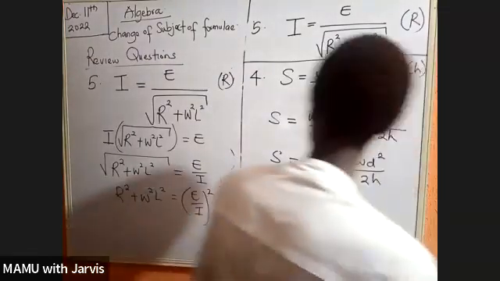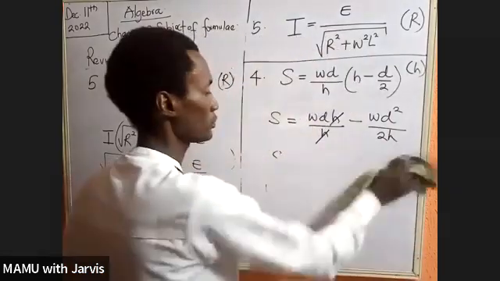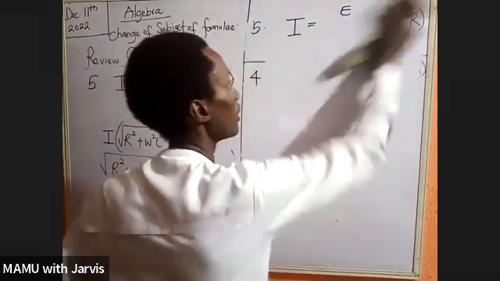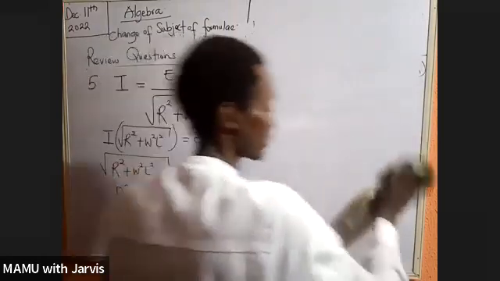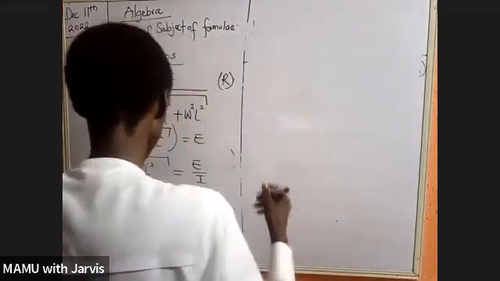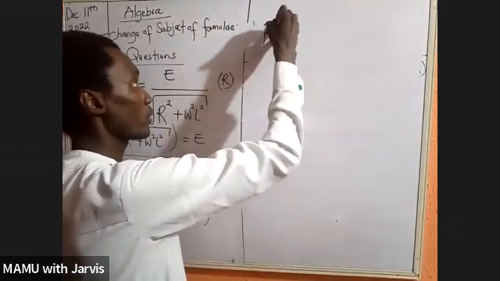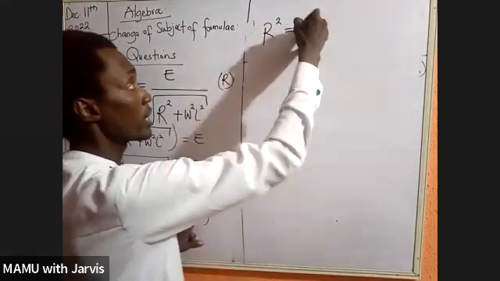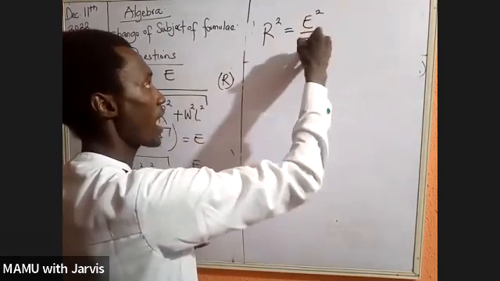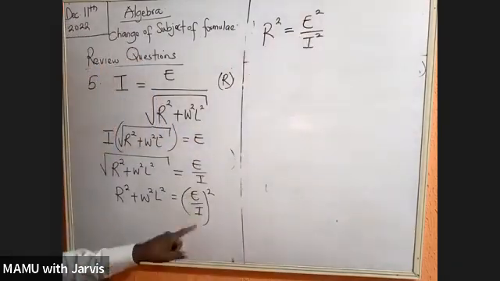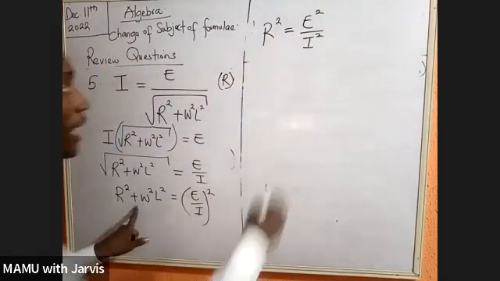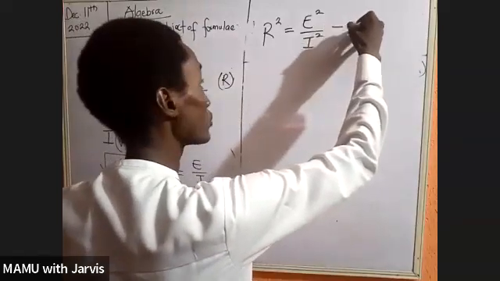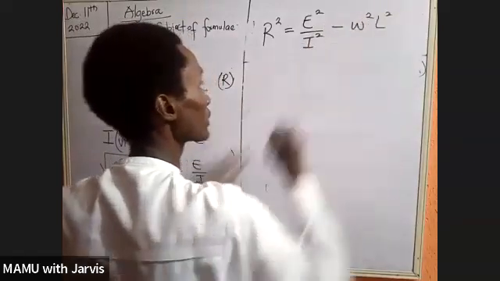Right? So the next thing will now be r squared will now be equal to what? What I have on the left-hand side will be E squared over I squared. I can open this up. Minus W squared L squared.